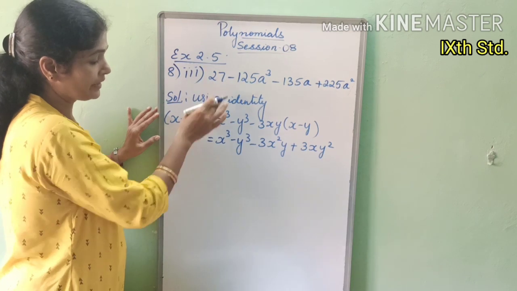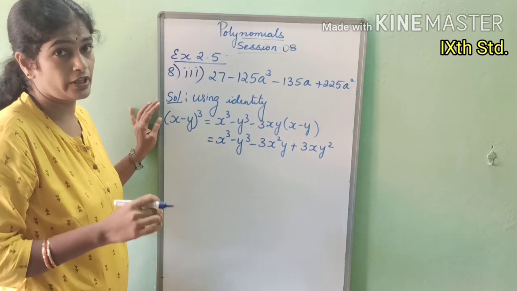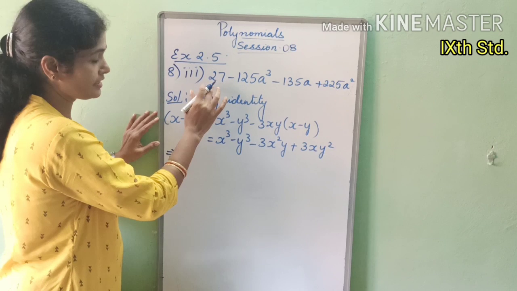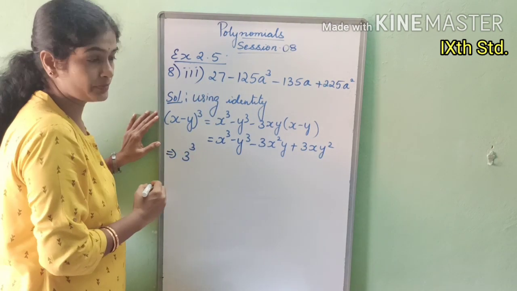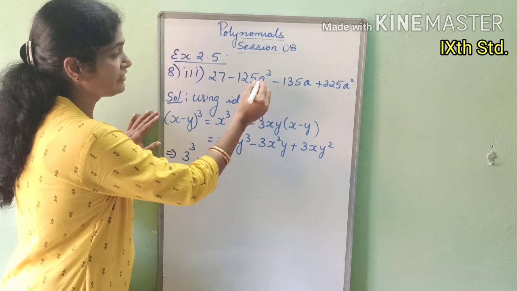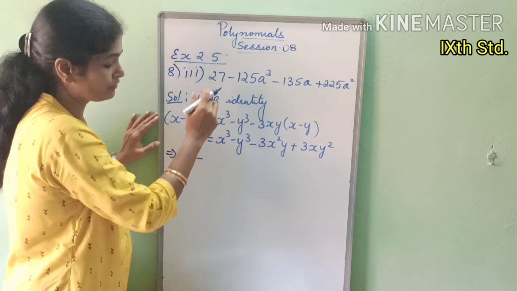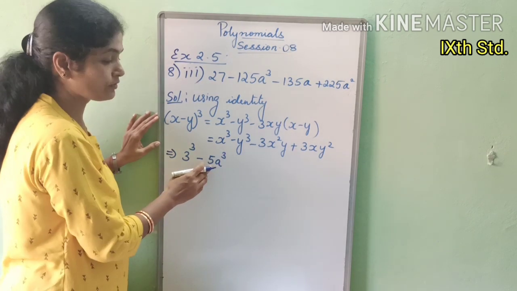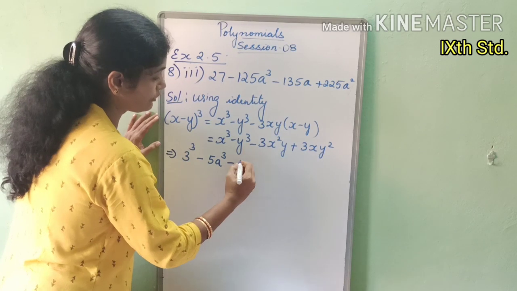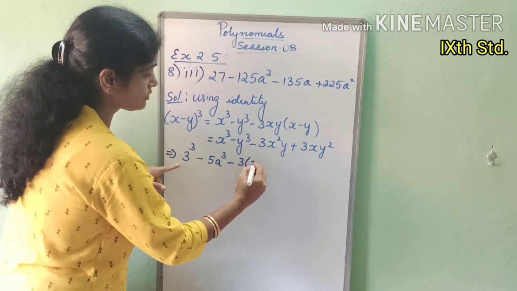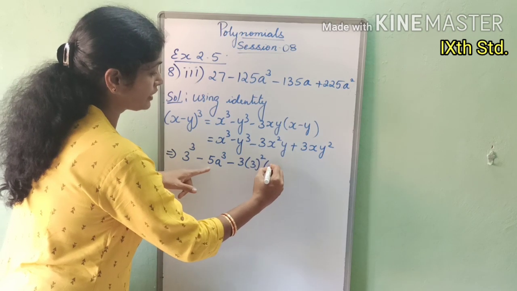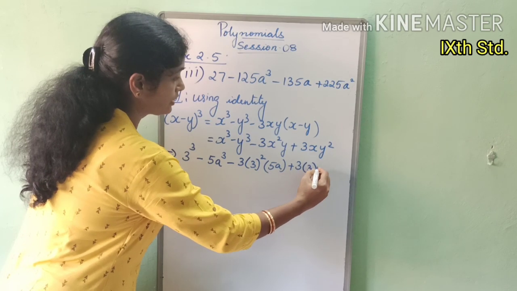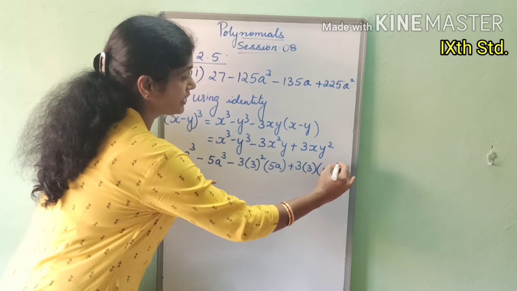27, and comparing, you are getting x cube equal to 27. Therefore x will be equal to 3, right? So this 27 we can write as 3 cube minus 125a cube. Cube root of 125 is 5, so 5a cube. So y is equal to 5a, right? Minus 3 into x square, x square is 3 square, y is 5a, plus 3 into x, again 3, y square, y is 5a, 5a whole square.